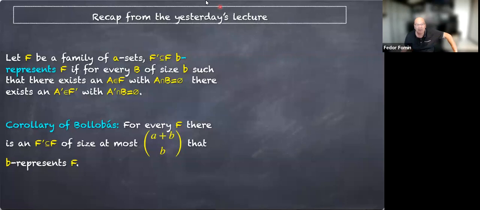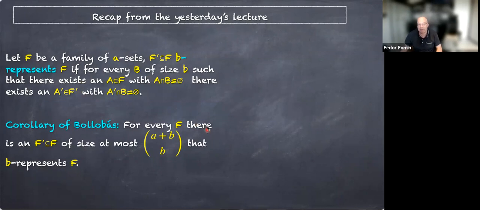If I have a family F of sets of size a, then the family F prime b-represents F if for every set B of size small b, such that if there exists a set A from the family F which is disjoint from B, then there also should be a set A prime from family F prime which is disjoint from B as well. So that was the definition of the representative sets.